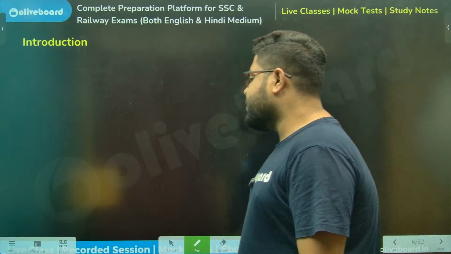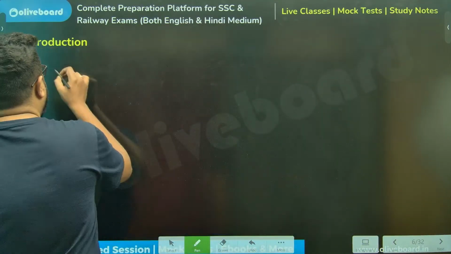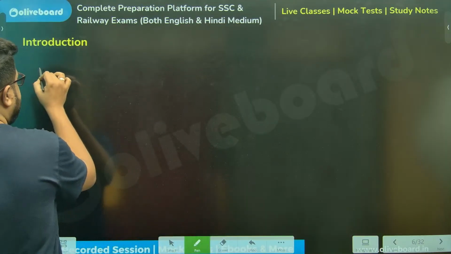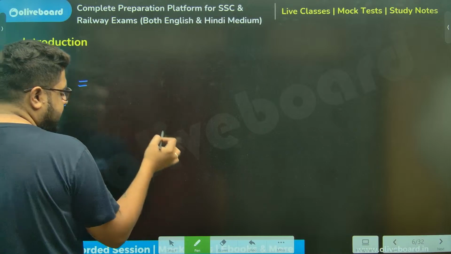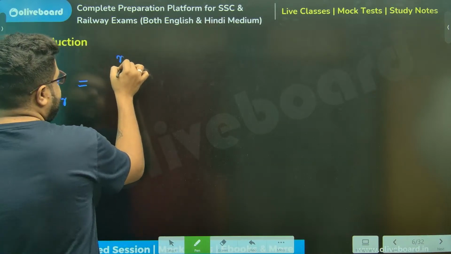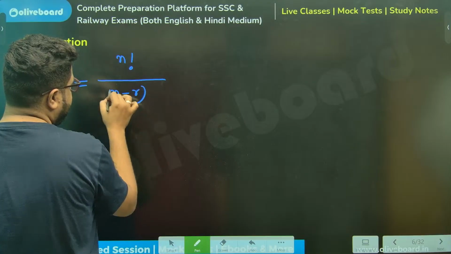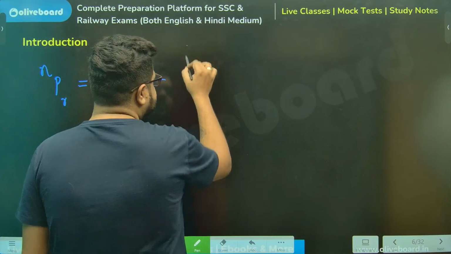Now, the formulas or the definitions of NPR and NCR. NPR stands for n factorial by n minus r factorial. But again, we will not use this that much.